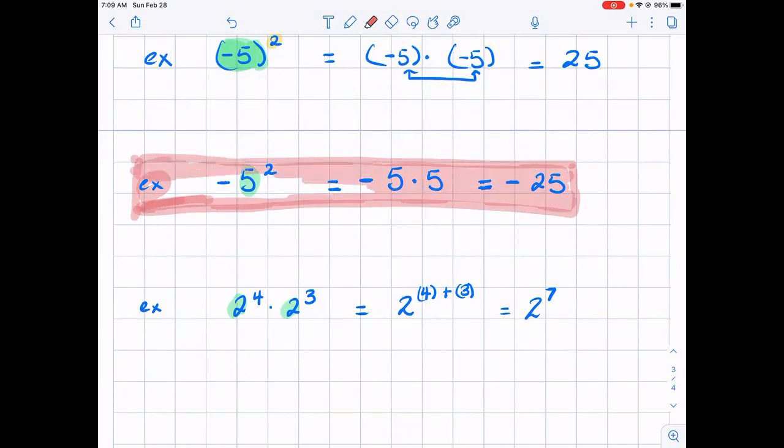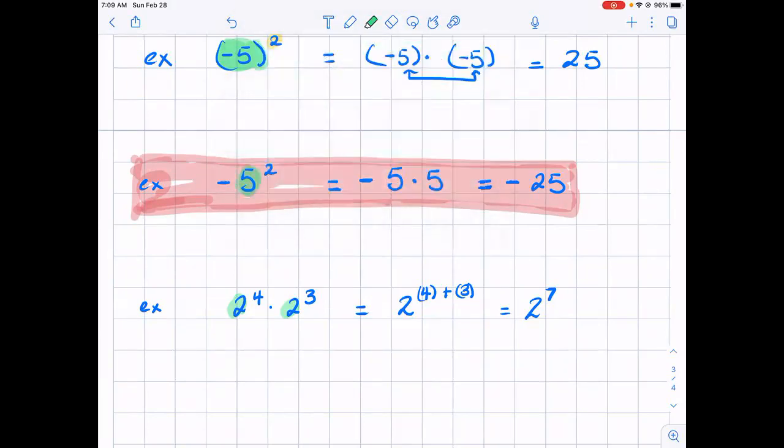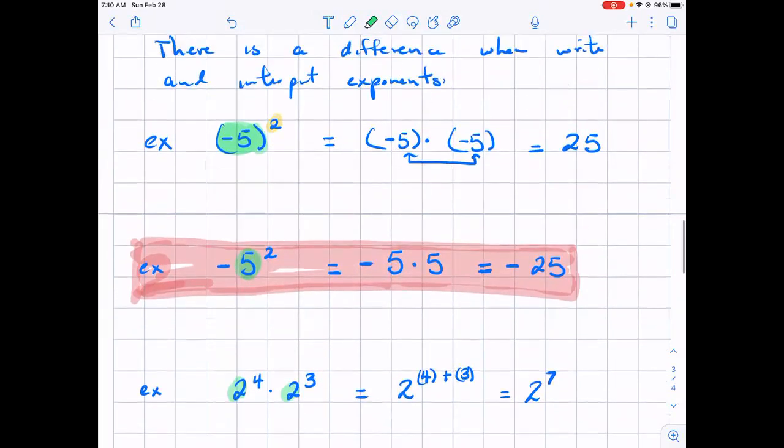And we have to be very careful. When the base is negative and we square it or raise it to an even power, then the answer will always be positive. But the base here, as I pointed out, is 5, not negative 5. If the negative was part of the base, we had to rewrite it like the first example.